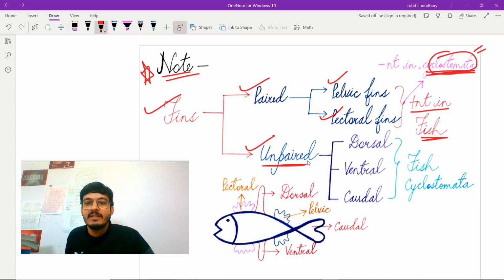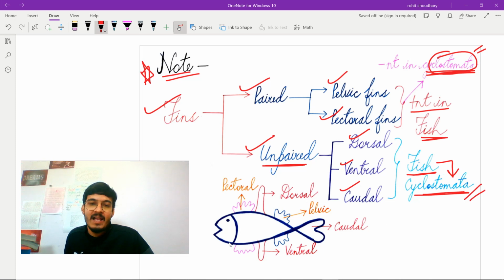Unpaired fins could be dorsal, ventral, or caudal, and the unpaired fins are present in the cyclostomata, which possess a circular sucking mouth.